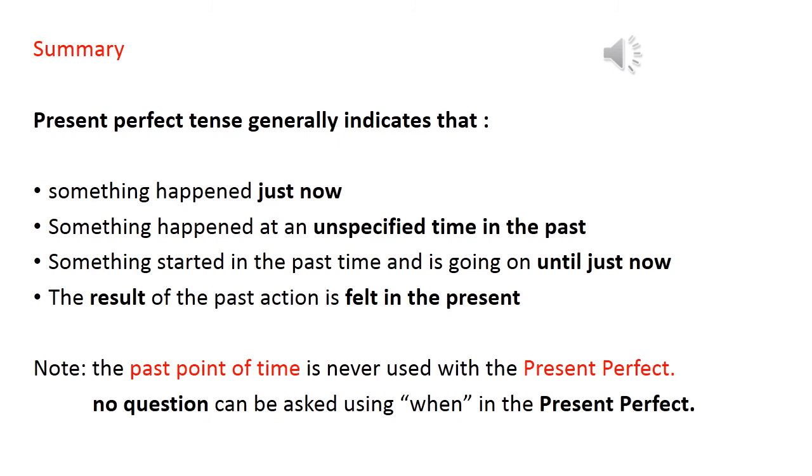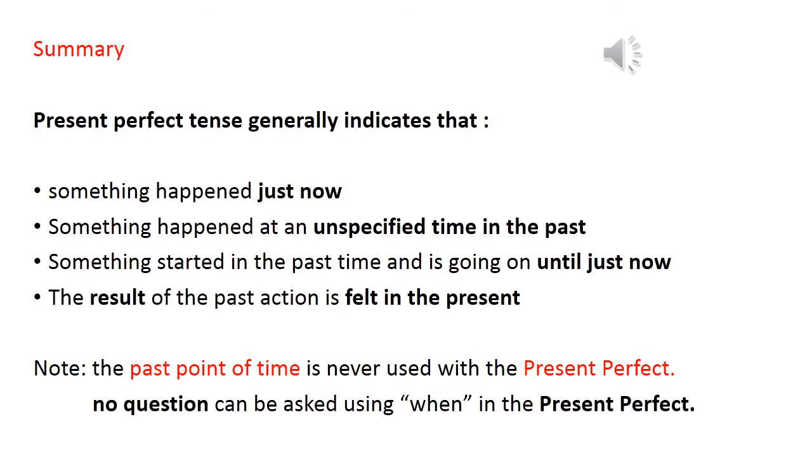Present perfect is used to speak about something that has happened just now, or something that has happened at an unspecified time in the past, or something that has started in the past time and is going on and just gets completed at a particular time in the present. And finally, the result of the past action is felt in the present. So all these are the different situations in which the present perfect tense can be used.